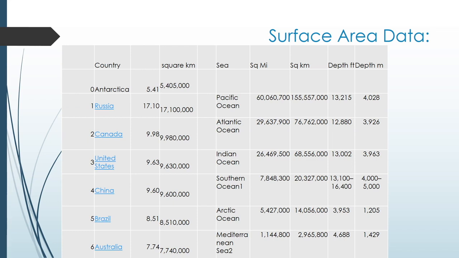Then on the right side, I have the 18 seas and their square miles and square kilometers. So there you have the area for each one of the 18 oceans and seas that they reported. Just for interest, I included depth in feet and meters.